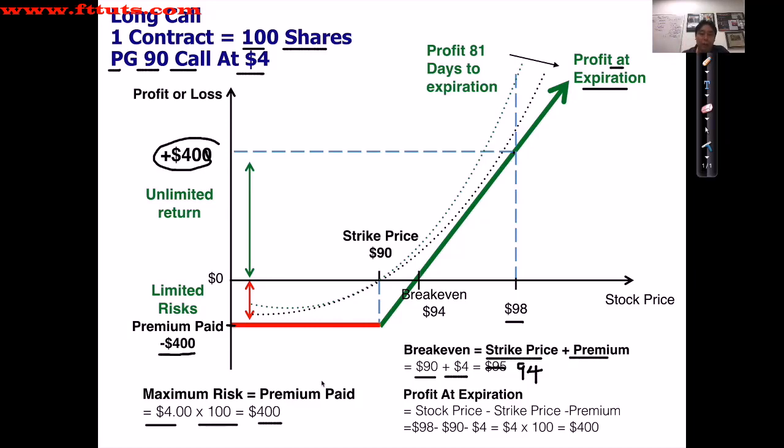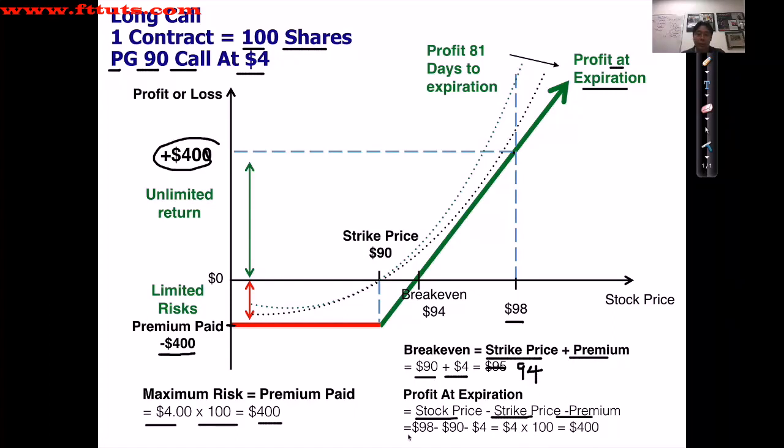The profit at expiration would be the stock price minus the strike price minus the premium. So if it reaches $98, what does it mean? It means that we have the right to buy it at $90 because of the call option. We have the right to buy it at 90 and sell it at 98, which means we have got an intrinsic value of $8, correct?